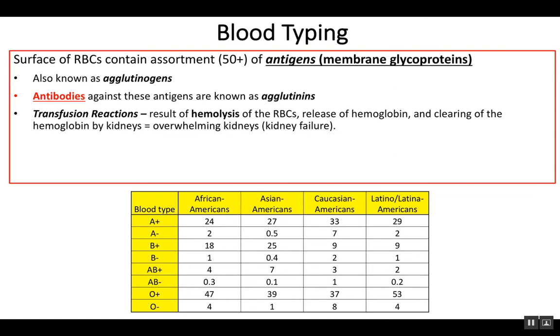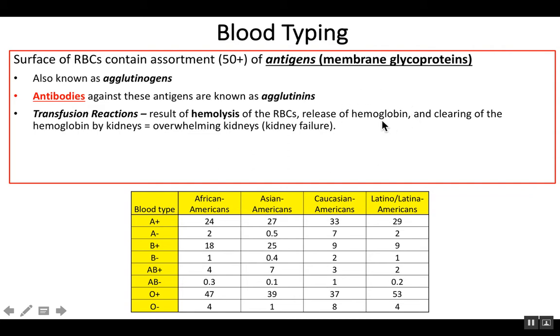If we have improper blood transfusions, what happens is an individual's antibodies will attack the new transfused red blood cells, destroying the red blood cells. This is called hemolysis. Upon hemolysis, the red blood cells release hemoglobin.